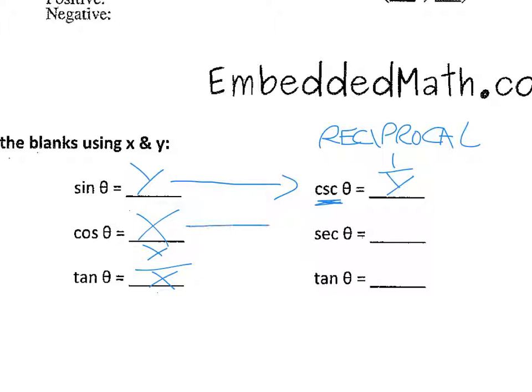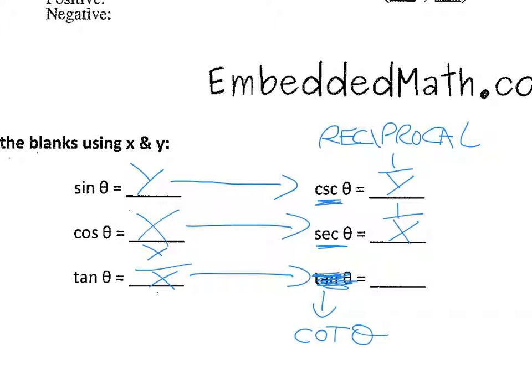The reciprocal of cosine is called secant. So if cosine is x, secant is 1 over x. And actually this should say cotangent here. Change that to cotangent. If tangent is y over x, its reciprocal trig function, cotangent, is x over y.